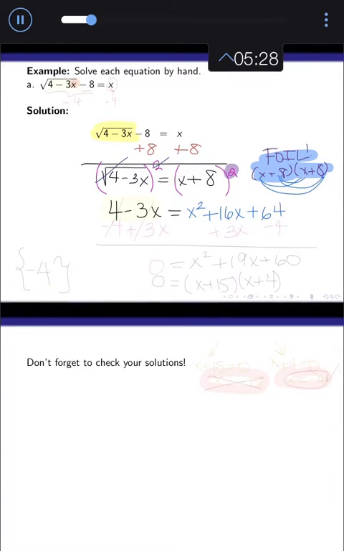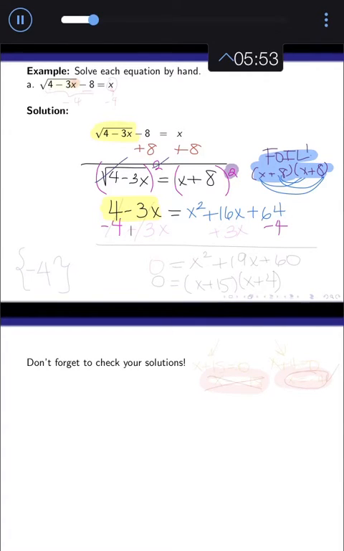Remember, to solve a quadratic equation, it needs to equal 0. The quickest way to make this equal 0 is if we move everything that's on the left-hand side to the right-hand side. We've got a positive 4, so to move that, we're going to subtract 4 from both sides. And to move the 3x, we'll do the reverse.